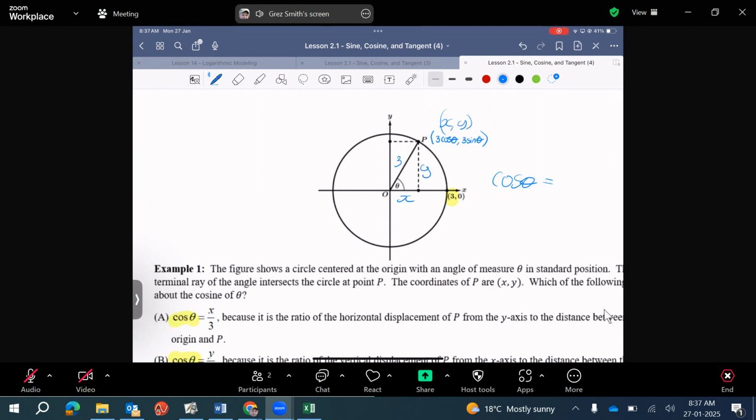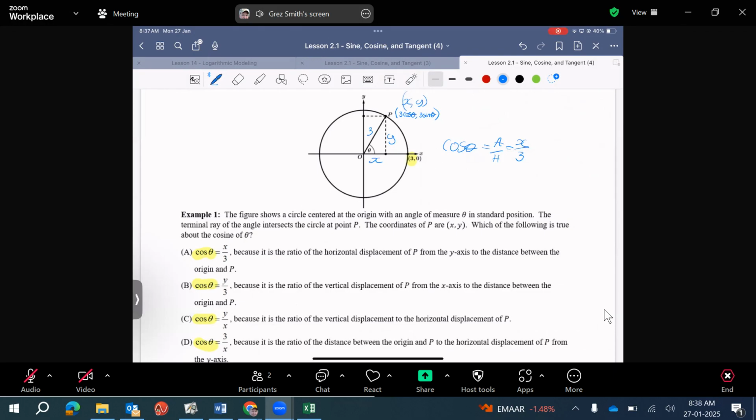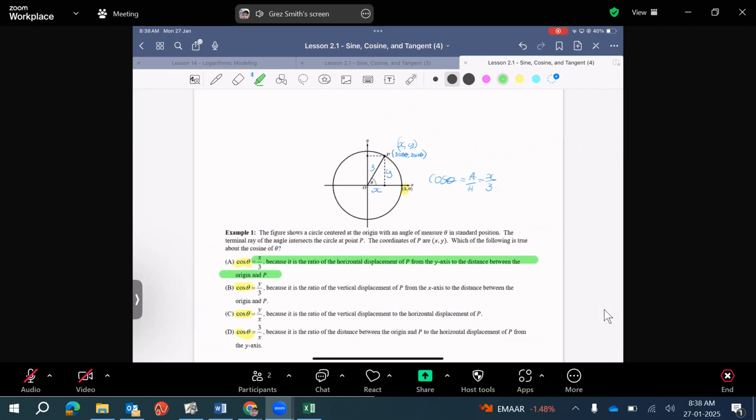I think this is easier. The cosine is the adjacent over the hypotenuse, so that's going to be x over 3. So the correct answer has to be A, x over 3, because it's the ratio of the horizontal displacement of P from the y-axis to the distance from the origin.